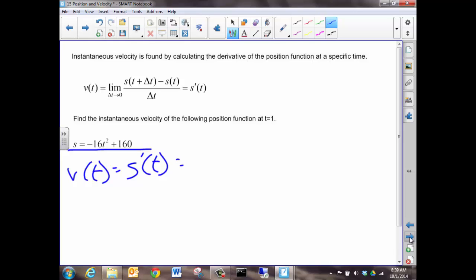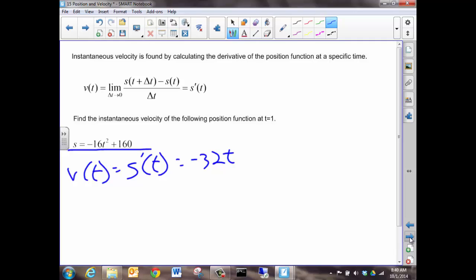What does that mean? In terms of t. So what's the derivative of negative 16t squared plus 160? Negative 32t. All right? So what's the velocity after 1 second? Negative 32.